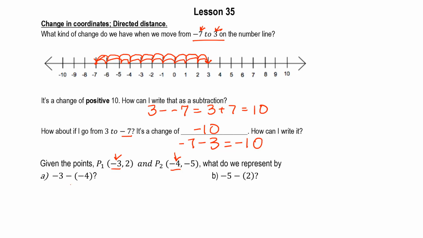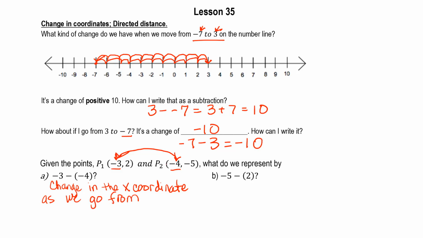Remember, the first number comes second in the subtraction, so we're going from -4 to -3. This is the change in the x coordinate as we go from P2 to P1.